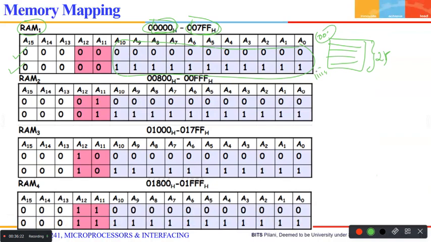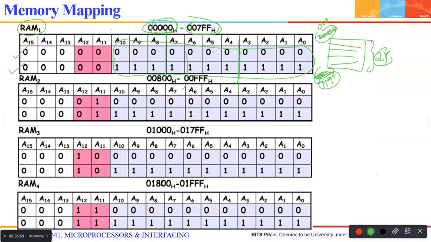You write it in hexadecimal. Suppose you write this in hexadecimal, what will be the value? For 2K locations, it is starting from 0000 to 11111111111, which is 7FF. Yes or no? It is from 000 to 7FF.